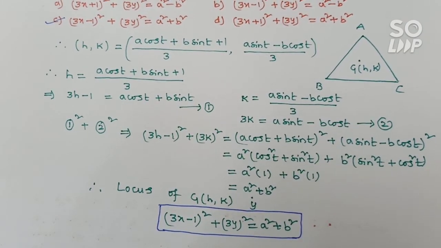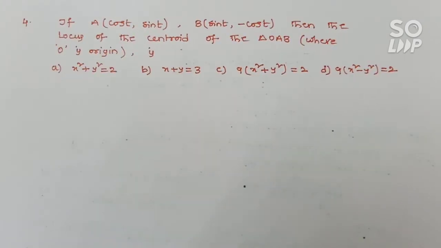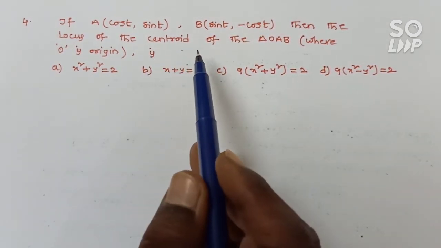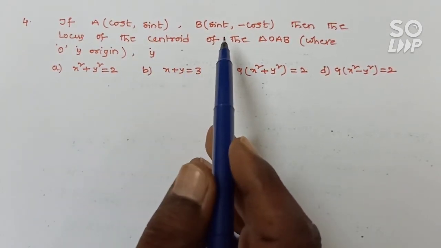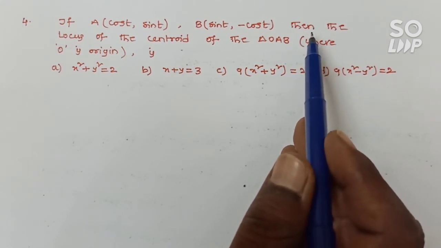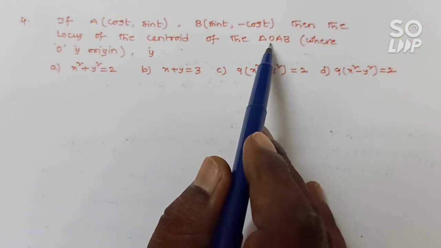Okay, right. We will see one more question in the same model. See this one. This problem is also very similar to the previous question. In that previous problem, the vertex C was (1, 0), but in this problem C is the origin.